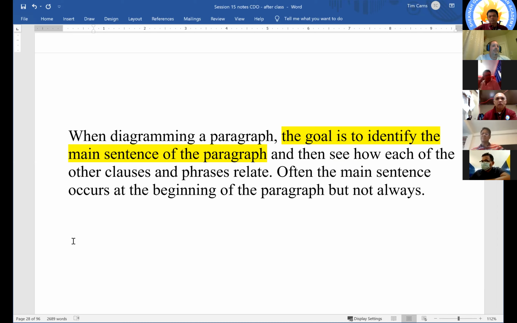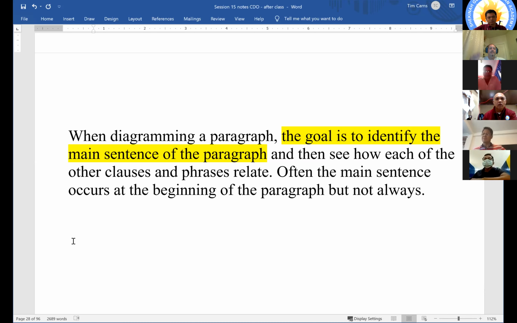When you're diagramming a paragraph, let's say you have a paragraph in an epistle, or you're in John chapter 4, in those verses that talk about true worship, where Jesus is giving a paragraph about true worship, the goal is to identify the main sentence of that paragraph, because that is what forms the complete thought. Every other phrase or clause within that paragraph is connected to, is modifying that main sentence in some way. But you need to find the main sentence.